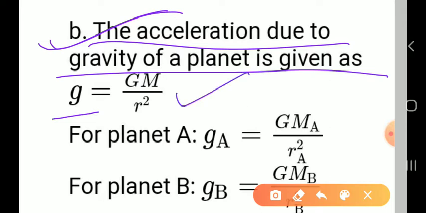G is what? Gravitational constant. Then M is mass, r is the radius.